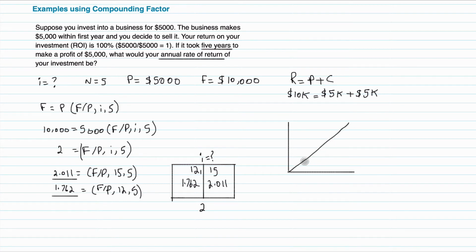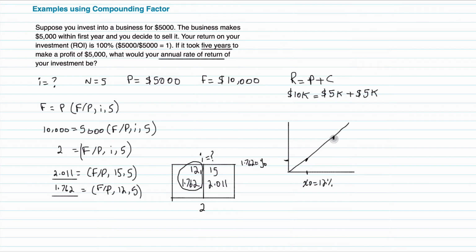This is the lower end, the left hand side. 1.762 is our y naught, and our x naught is equal to 12%.